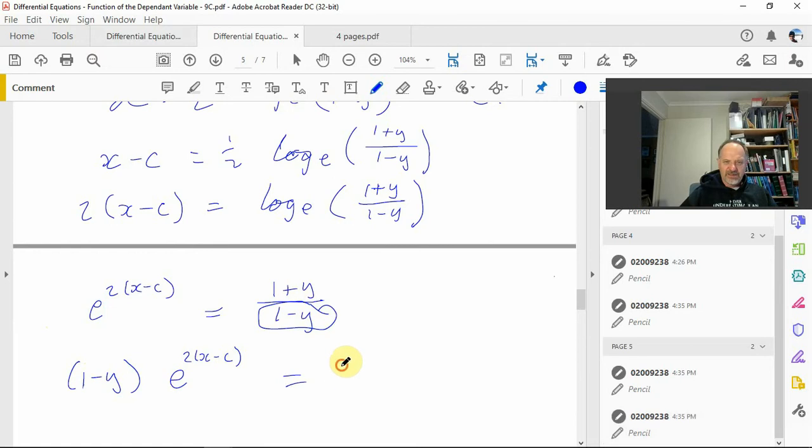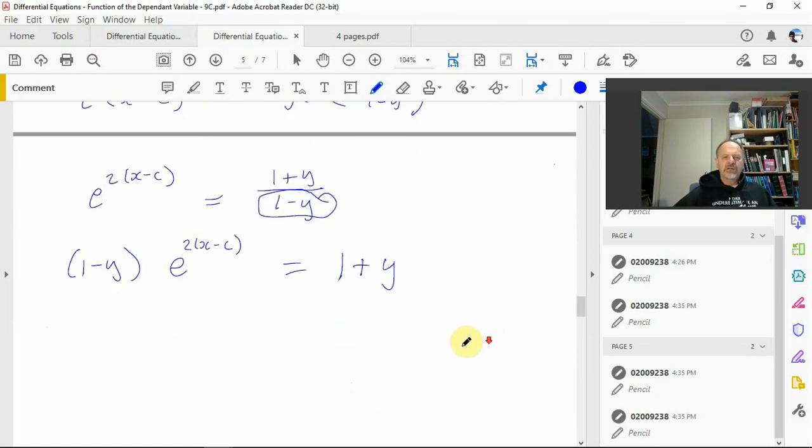And on the right hand side, it's just 1 plus y. All right, so next we go, okay, so I can expand this. So if I expand that, 1 times that, so I've got e to the 2x minus c minus y times e to the 2x minus c equals 1 plus y.